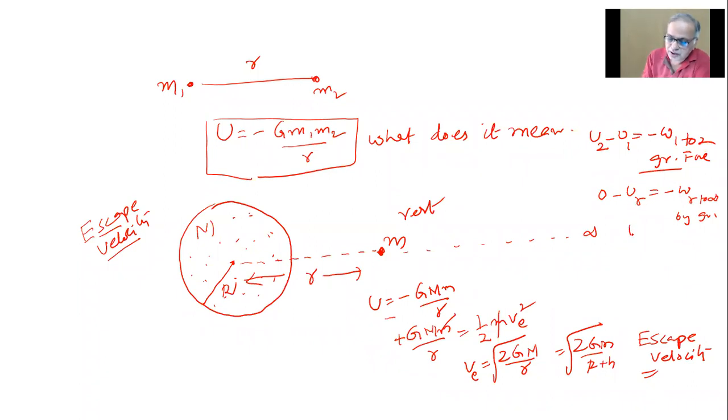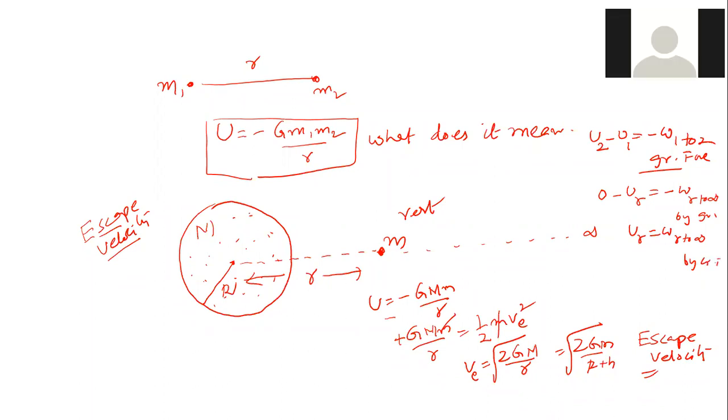So what do I get now? U at r equals W from r to infinity by gravitation. Right. So look, the body is here. I want to know how much potential energy it has. So it is equal to the work done by the gravitational force in taking it from r to infinity.